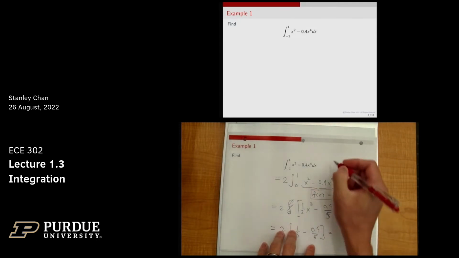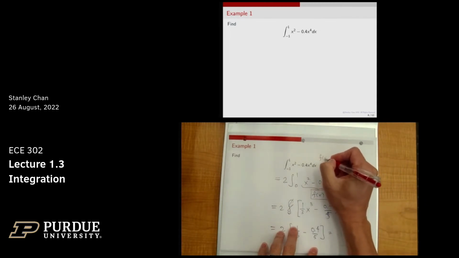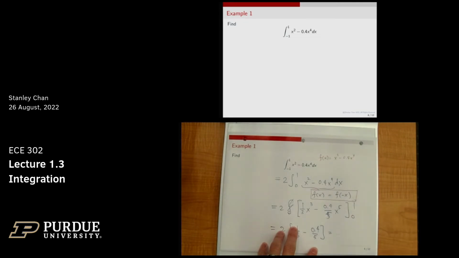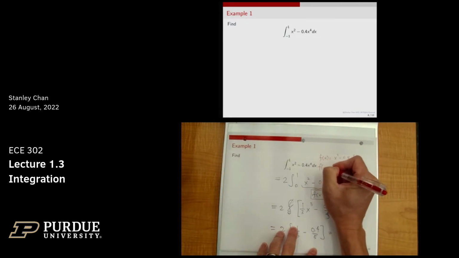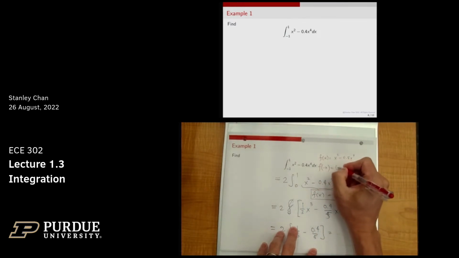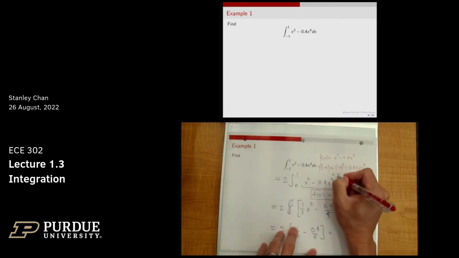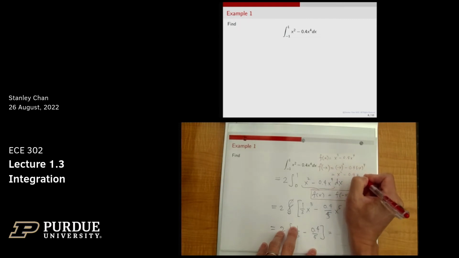Let me do it once again. The question is, how do I know this is even? Let's say f(x) equals x squared minus 0.4 of x to the power 4. By the definition of even, I need to look at f(-x). Now, what is f(-x)? It will be (-x) squared minus 0.4 of (-x) to the power 4, and that's going to be the same as x squared minus 0.4 of x to the power 4.